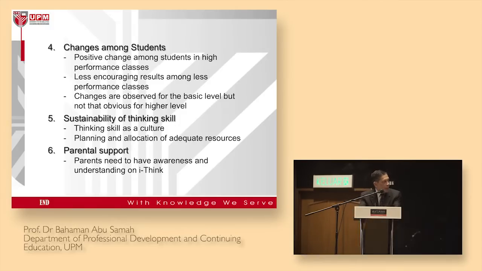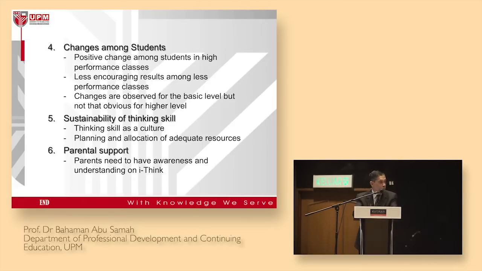And then in terms of the sustainability of thinking skill, I think with the presentation of the 5 principles as we observed just now, it has the potential to be sustained. If we look at this project, there are basically 3 major components of stakeholders.